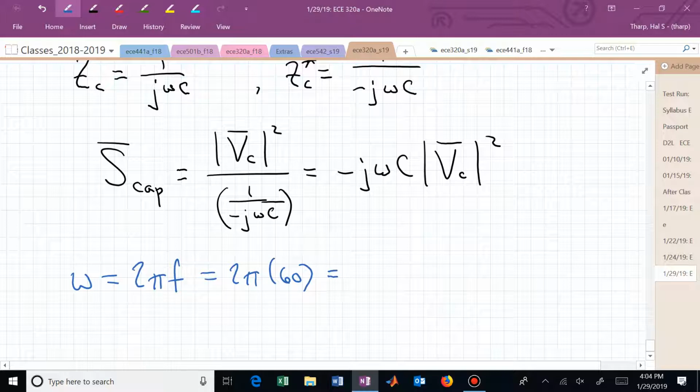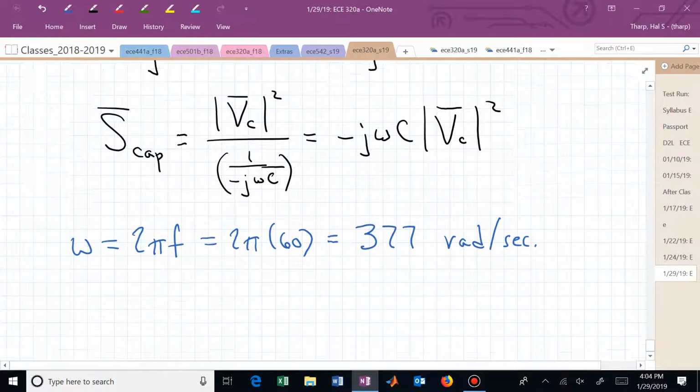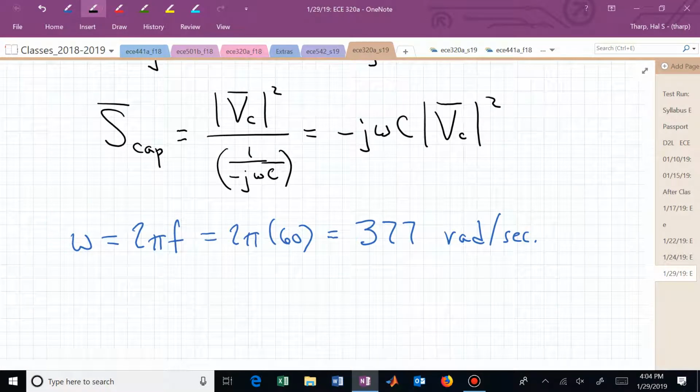If pi is roughly 3, we know 60 times 6, I can even do that, that's 360. Pi is a little bigger than 3, so this is now 377 radians per second. Okay, so now we have omega.